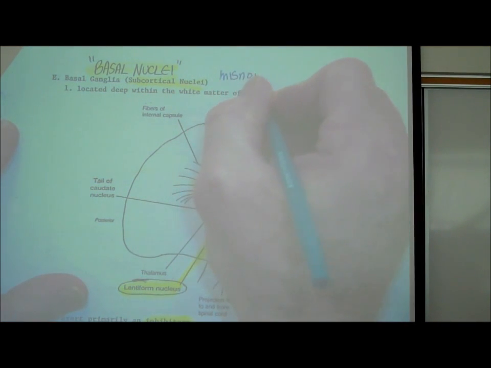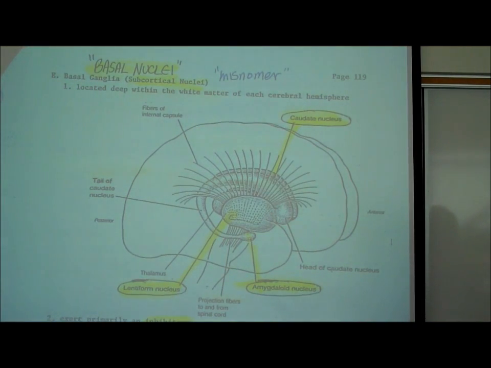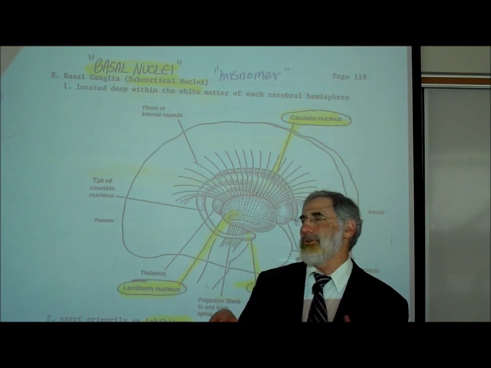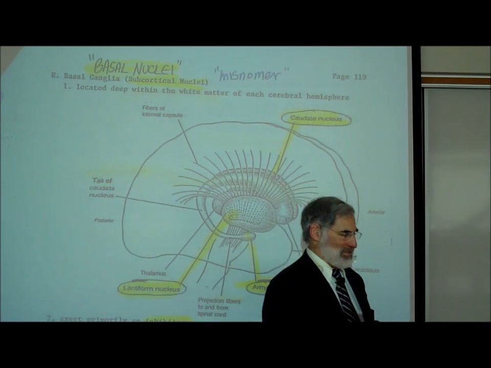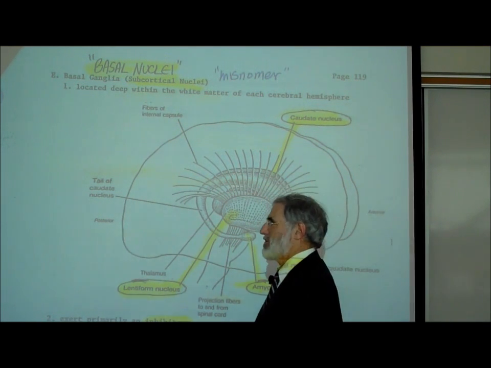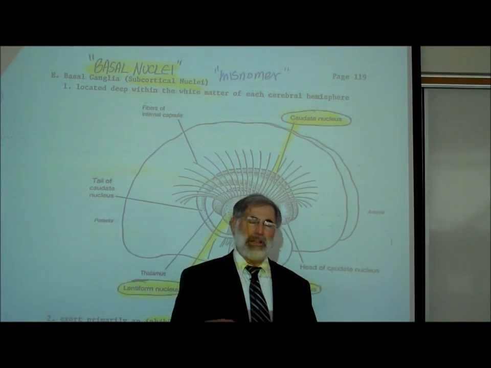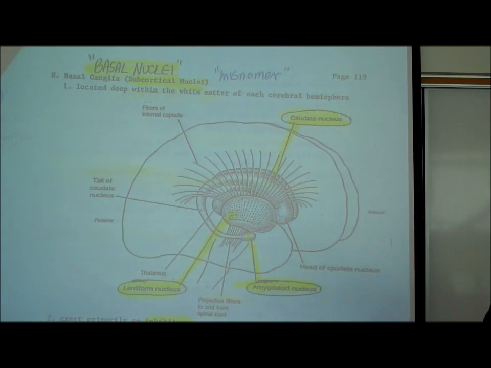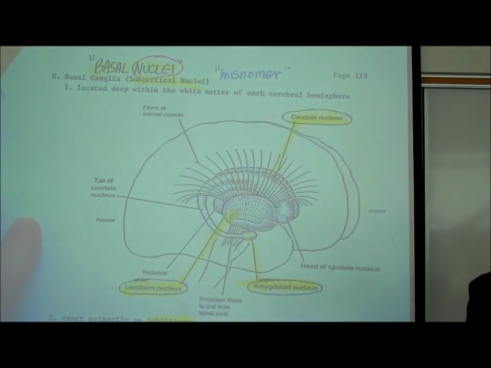It's misnamed. Because ganglia, by definition, means a collection of neurons located outside the central nervous system. Well, there in fact is an anatomic term used to refer to a collection of neurons within the central nervous system, and that word is nucleus. A nucleus is a brain center.